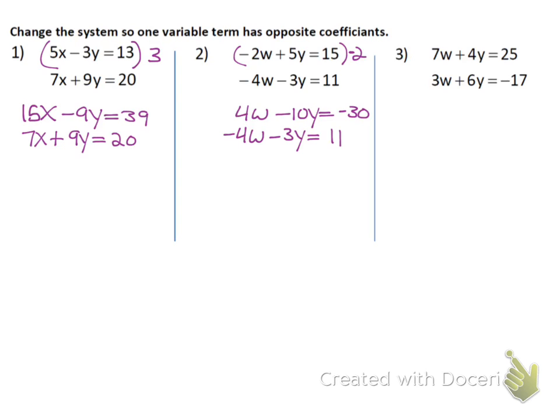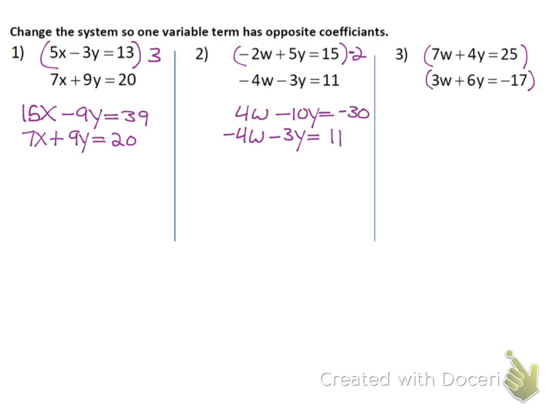Over here now on problem number 3, this particular problem can throw many students. All the signs are the same. It's not quite obvious what to do. So a great strategy for this particular problem, let's eliminate the w's, is to switch the coefficients.